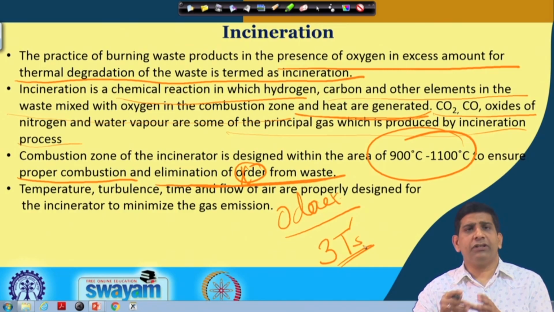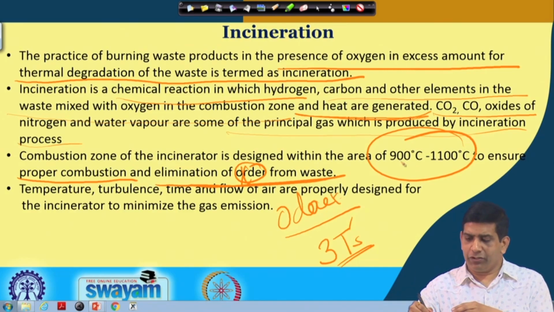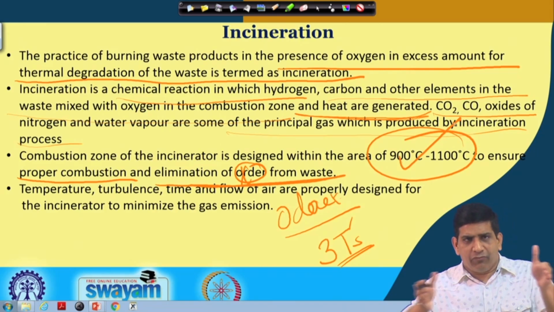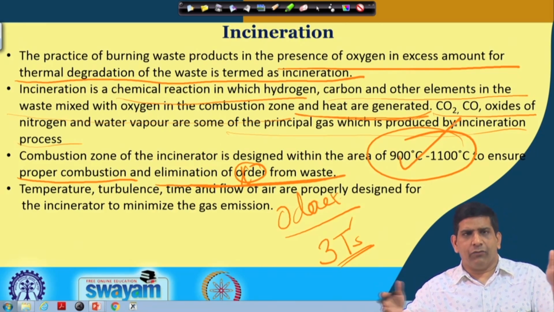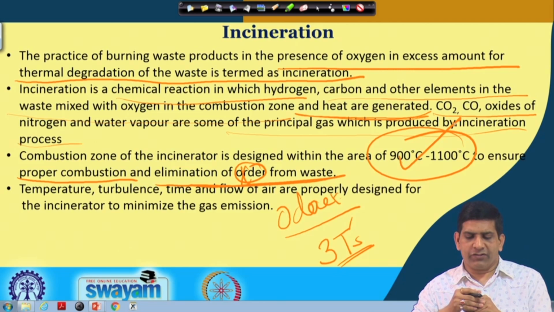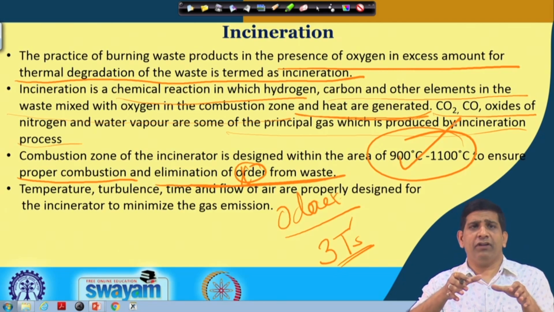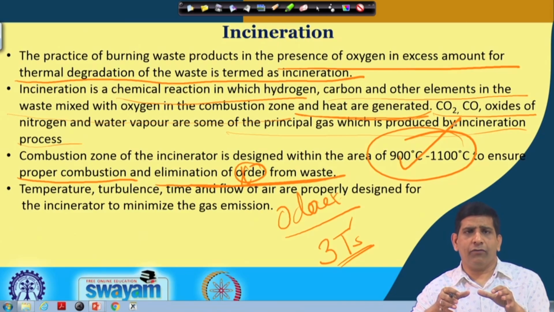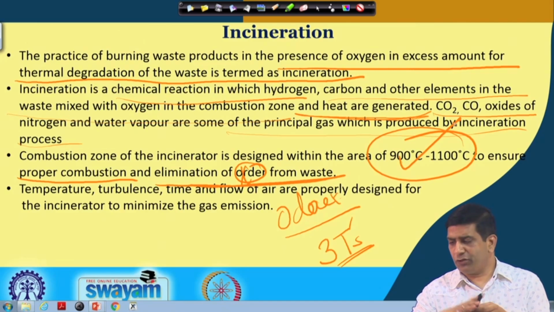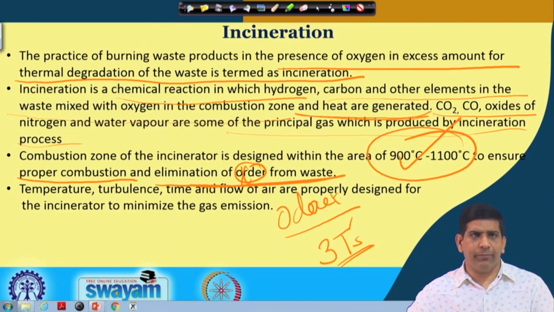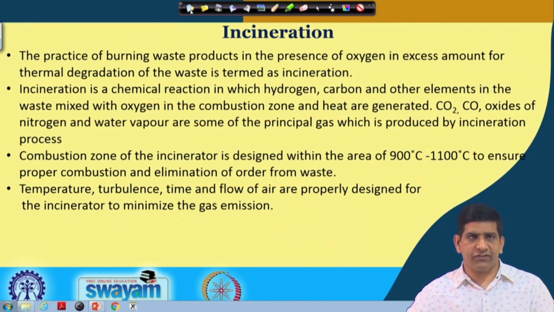You have to have a proper temperature. You need to give the waste time to react, to get combusted, based on kinetics. And turbulence means mixing. You have to have proper mixing of the waste so that the reaction is complete, so you don't have incomplete combustion happening, because that will create problems in terms of more air pollutants showing up.